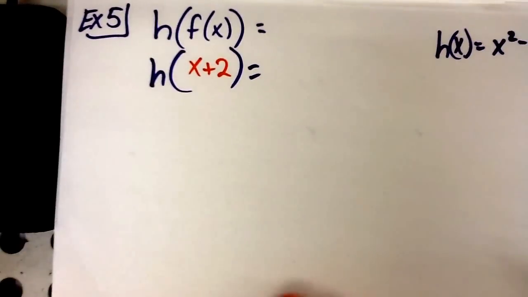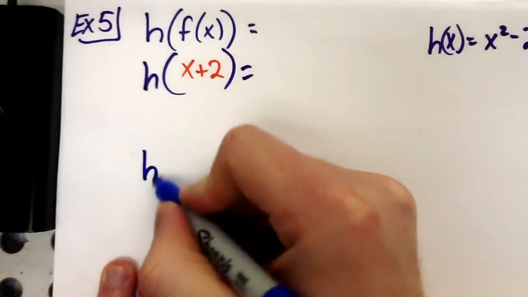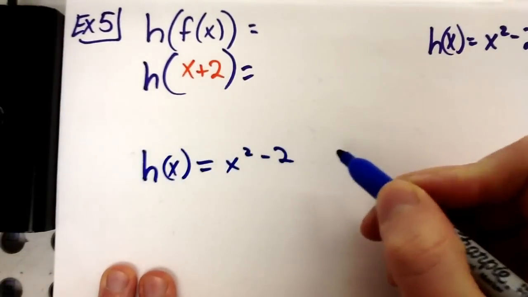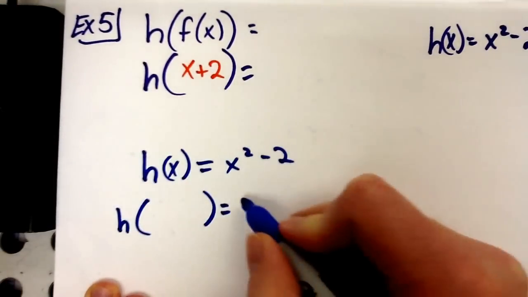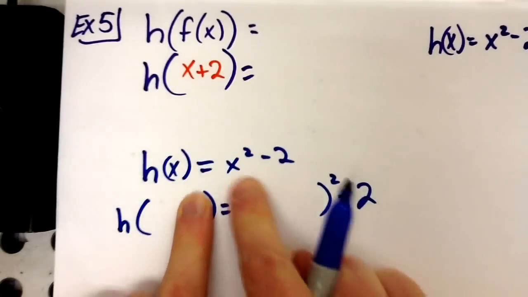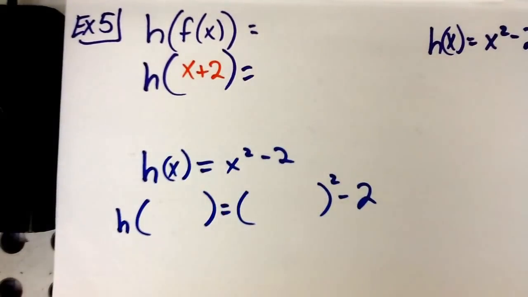So I'm going to rewrite this again just to help you see it. This is not necessarily how I would do it on my paper. But h of x was x squared minus 2. So something is going to get plugged in for x, which means something else is going to get plugged in for x over here. Everywhere I had an x, that disappeared, and we get ready to plug something in its place.